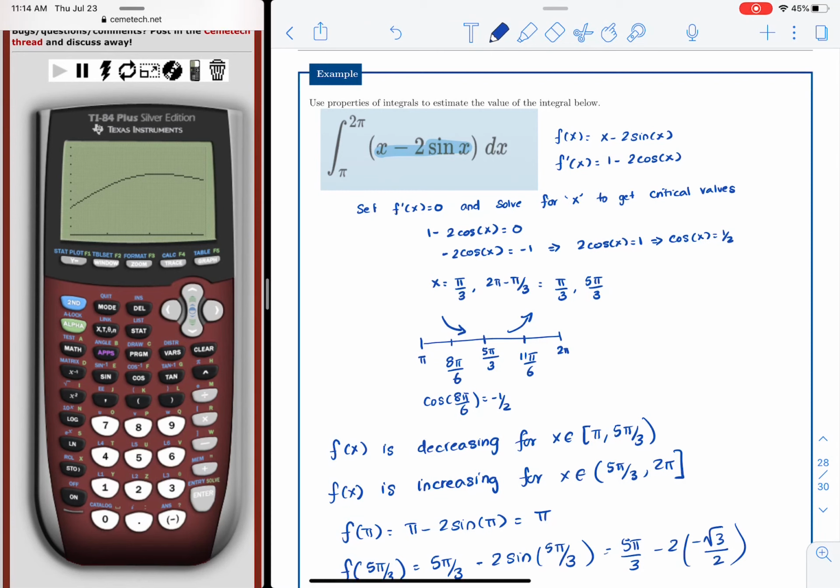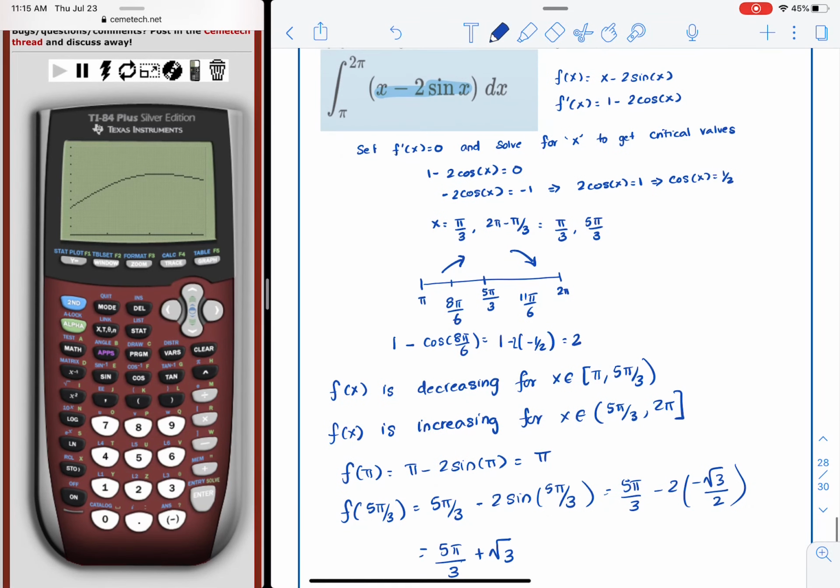The derivative is actually, I simply plugged it in cosine, but the derivative is 1 minus that value. So 1 minus 2, which would give us 2, so the function is increasing, and the function should be decreasing over here.